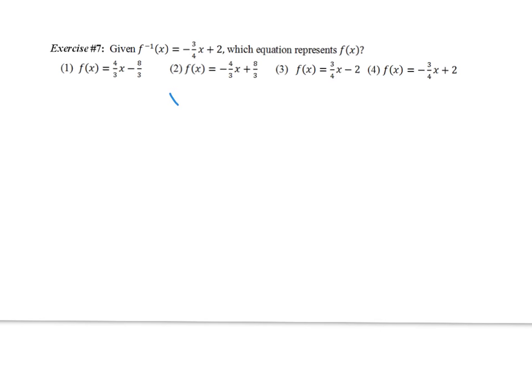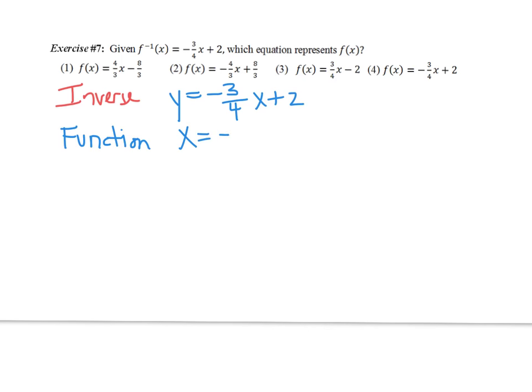So I'm going to start with the inverse and call it y is equal to negative 3/4 x plus 2. I'm going to mark that inverse. So theoretically, all I'm doing is taking the inverse of the inverse to get back to the original function. So to find the function, we'll go back and we'll switch the x and the y just like we did before.